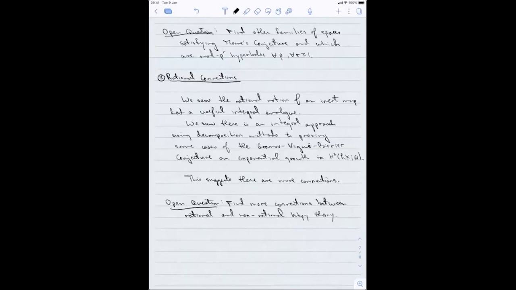So there's this deep view of how torsion homotopy groups and rational homotopy groups somehow influence one another mysteriously. And there's this interesting decomposition method that we've been looking at, which somehow says, yes, there are some concrete connections between rational and non-rational homotopy theory, and it would be interesting to see if there's more.